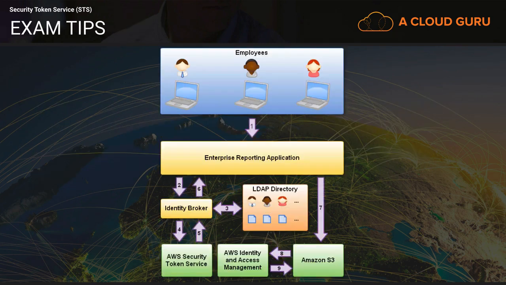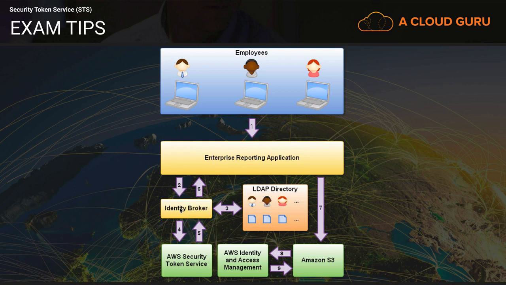And then finally, just remember how STS integrates with Active Directory or with any kind of other identity provider. So typically you would have your users trying to log into, let's say, an enterprise reporting application, it could be your intranet, whatever. They're logging in via an identity broker. This is either off-the-shelf software or something that you've designed yourself.